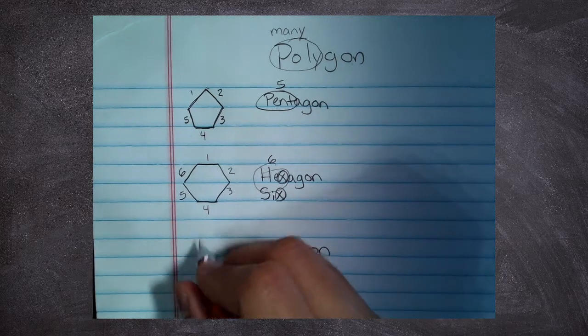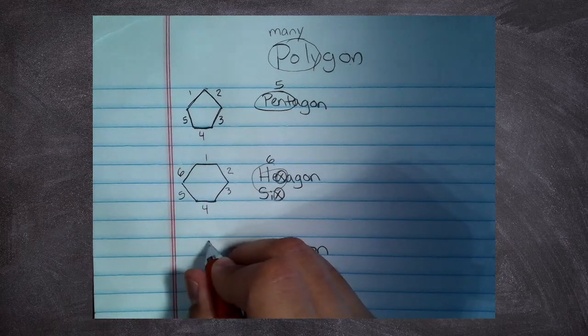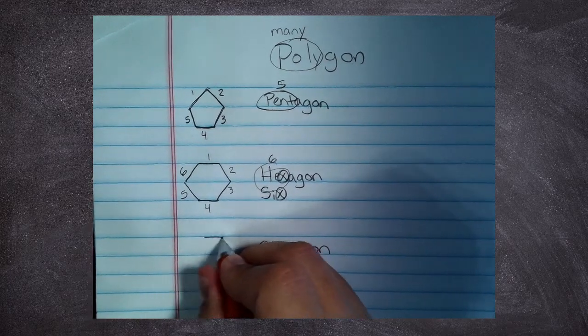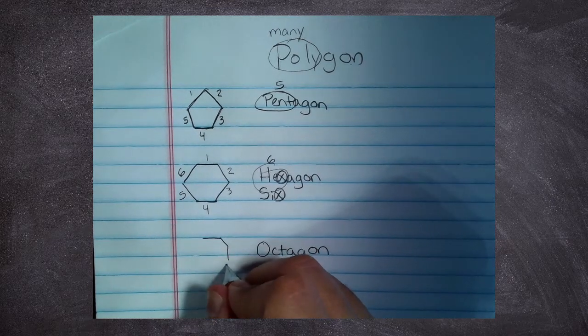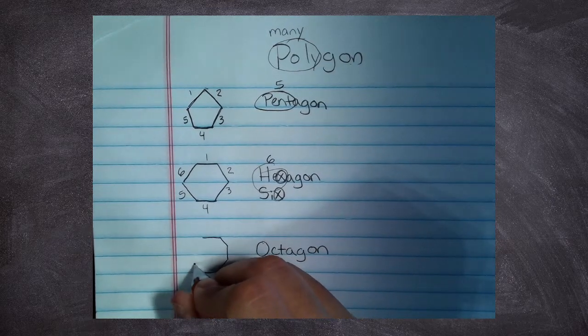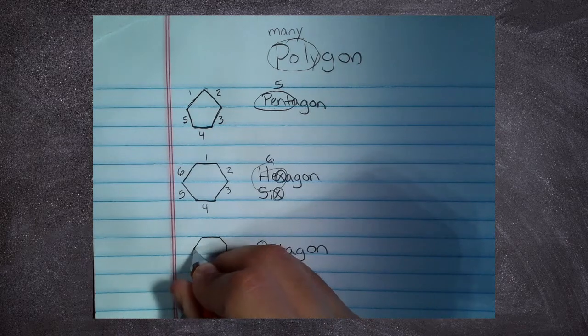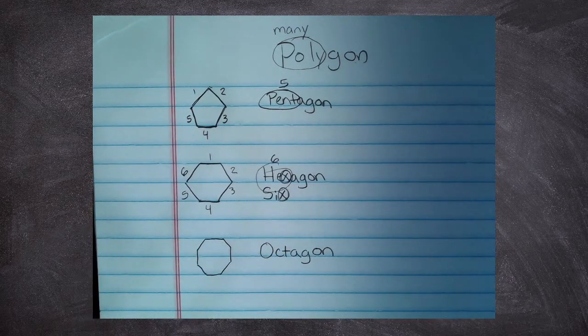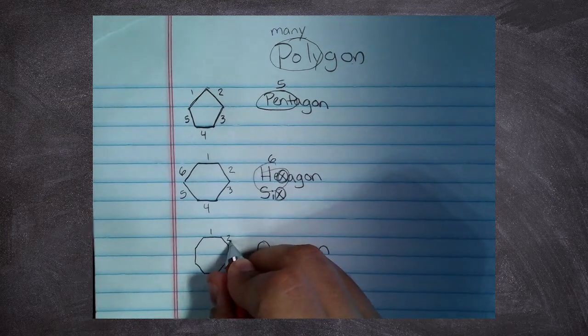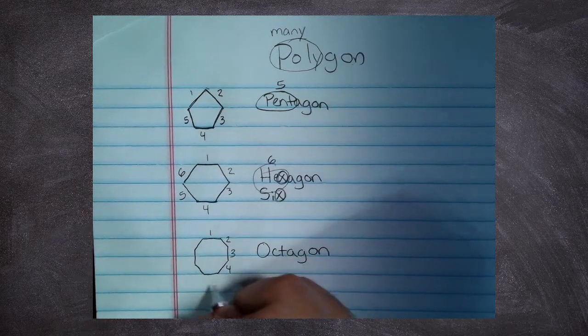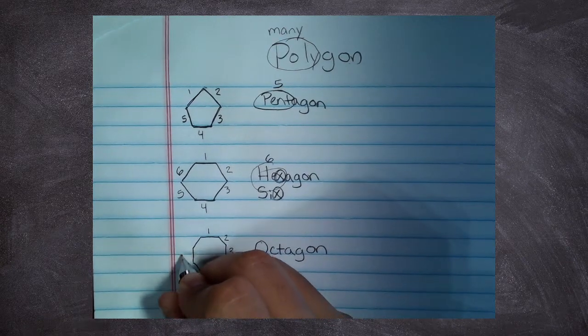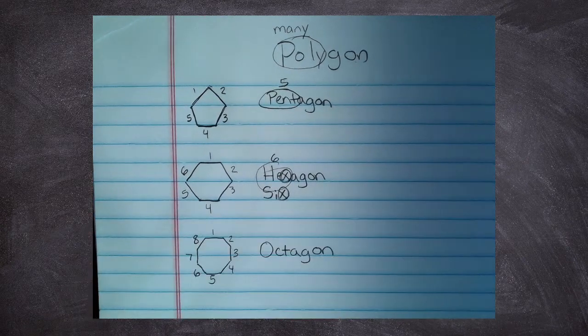So an octagon has 8 sides. Again, I'm going to count my sides just to be very sure that I have the right amount. 1, 2, 3, 4, 5, 6, 7, 8.